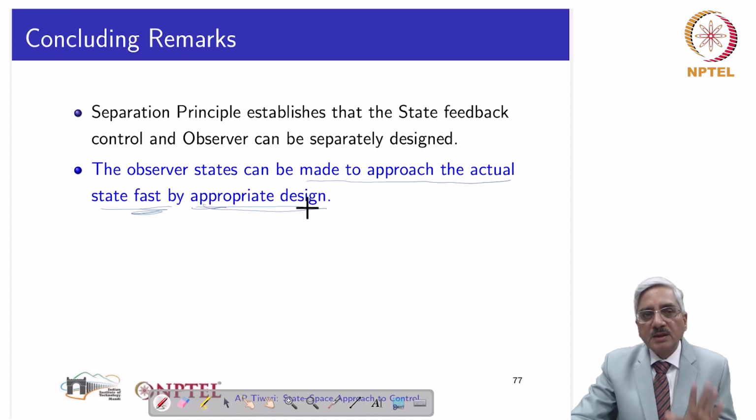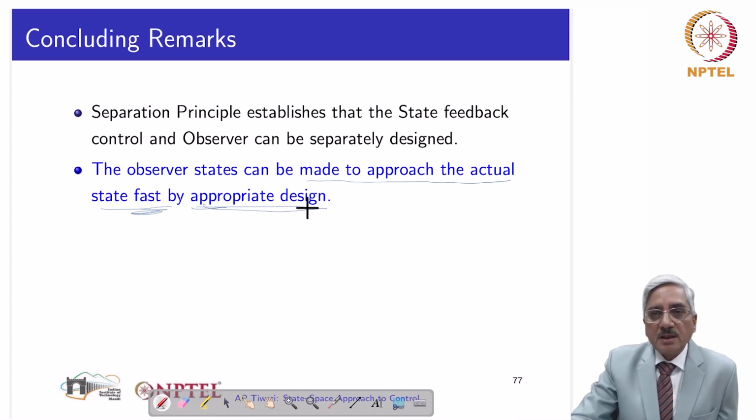So closed loop state feedback system eigenvalues, they are somewhere in the left half S-plane. The observer eigenvalues can be made further to the left of that. Of course, that will require large observer gains, but that may not be a problem because it is a simulation.